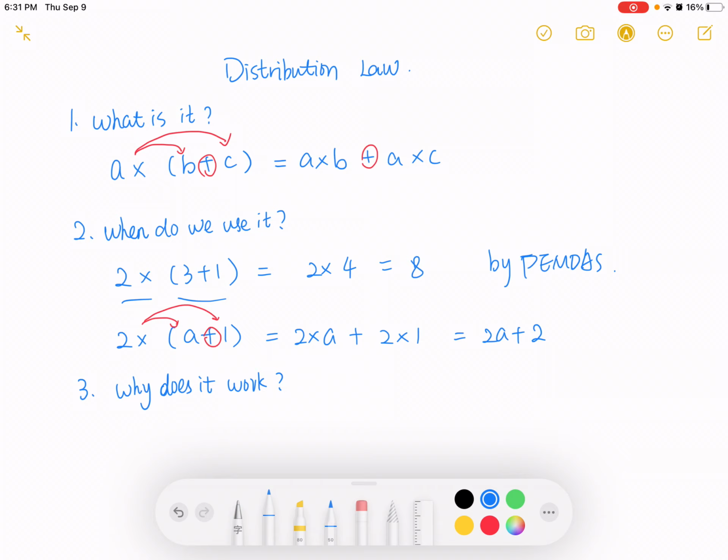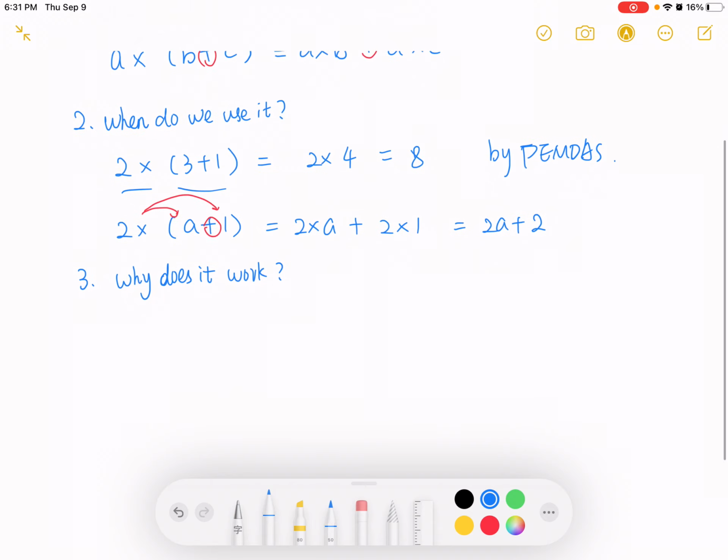Even though sometimes a law looks very crazy, and you will see more and more crazy formulas in the future, all of them really have a reason behind them, and oftentimes it's because of the definition of the operation. So I'm going to use this 2 times (A plus 1) as an example and try to convince you it makes sense.